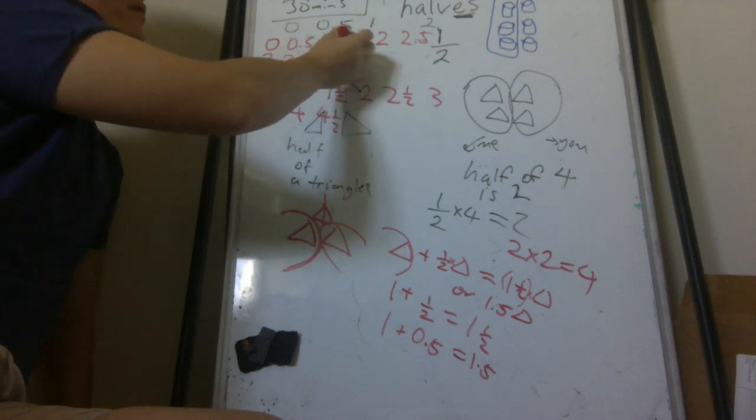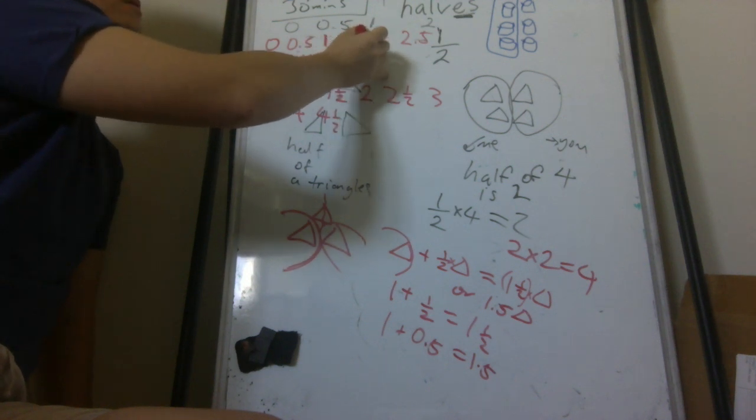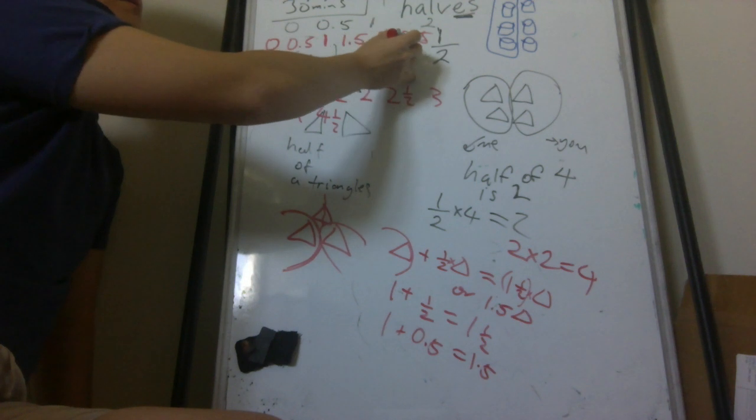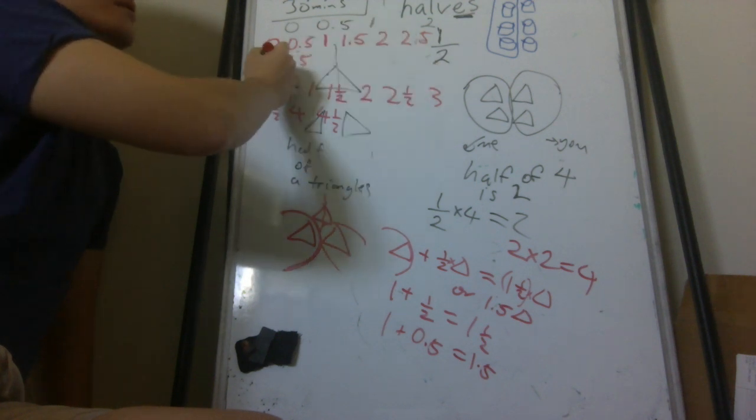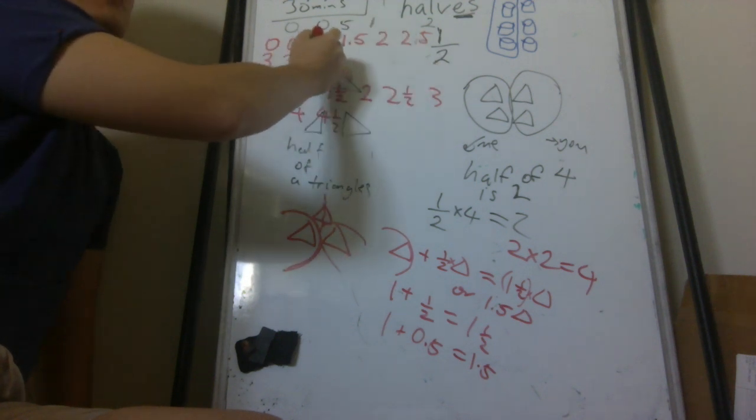So it goes up by 0.5, right? Otherwise it's normal. So 1, 1.5, 2, 2.5, 3, 3.5, and then I don't know.